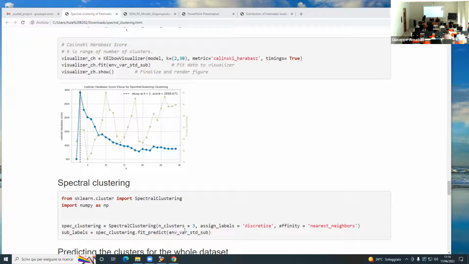So again, the difference between the two is that k-means tries to find centroids, centers that might be representative of clusters, and then you associate all the other points to them, and it makes a partitioning. Right, yeah. On the other hand, spectral clustering uses this distance matrix, which is basically a proxy for how similar points are to each other.